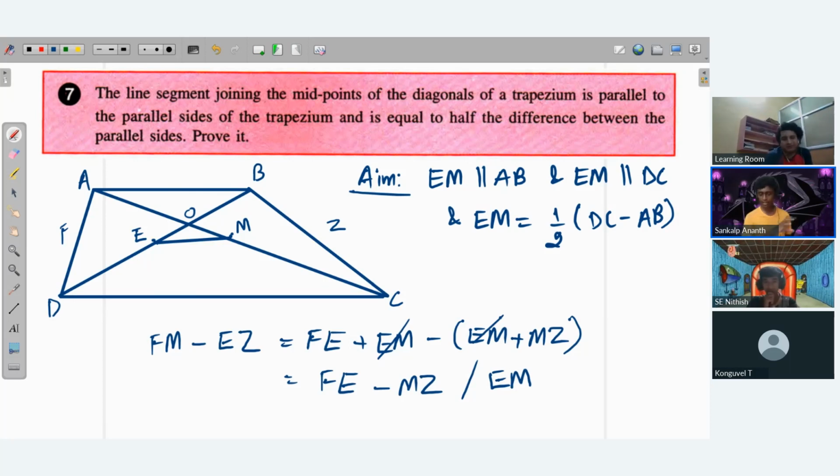When we add all three, from the previous one we learned that 1 by 2 of DC plus AB should be equal to FZ. So FZ is equal to FE plus EM plus MZ. That whole thing should be equal to this one.